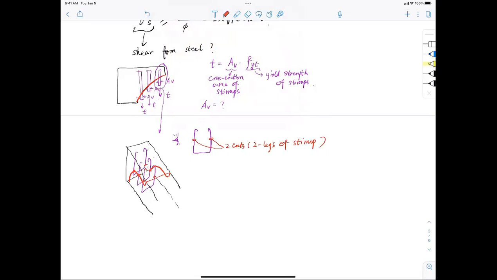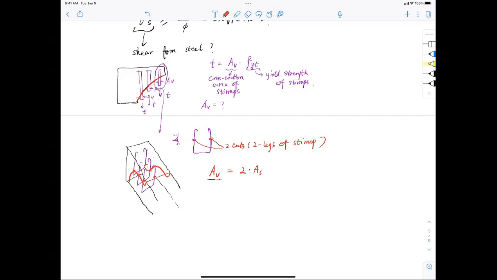All right, so if this is the case, when I calculate AV, the cross-sectional area, I need to calculate 2 legs. So if each leg gives me an area of AS, then AV equals 2AS. Now let's put this into practice.